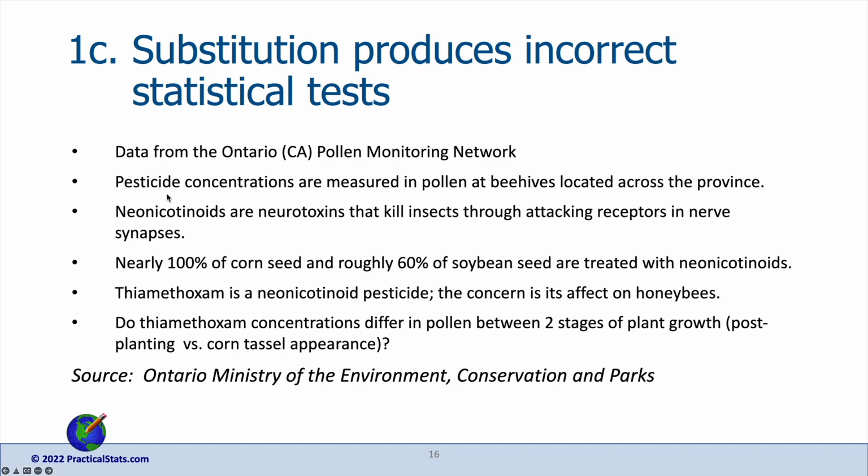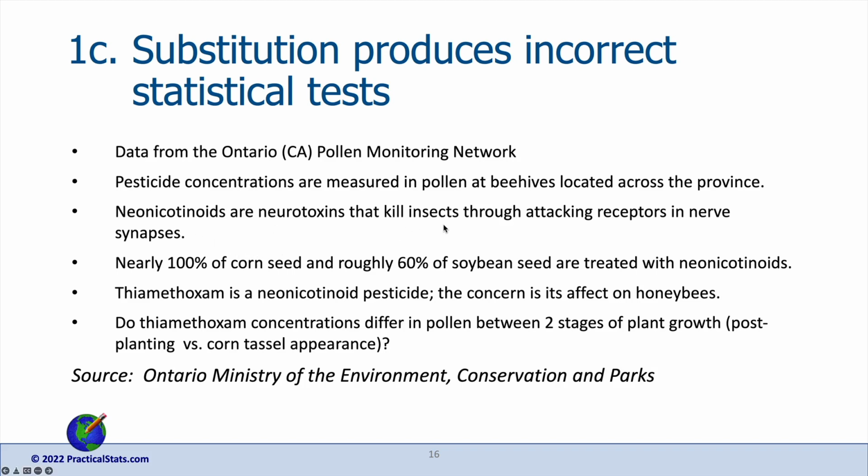This is just an example from the Ontario, Canada Pollen Monitoring Network. And there are pesticide concentrations measured in pollen at beehives that are closely located near corn growing areas.